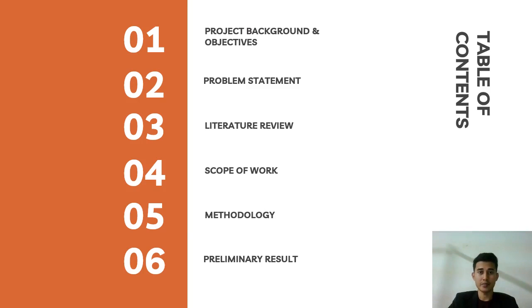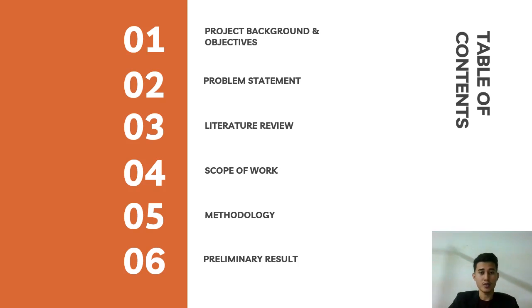So this is my table of contents, as referred to earlier from the draft proposal submitted to my supervisor. We started off with the project background and the objective of this project. The second one is the problem statement. The third one is the literature review, where past research articles such as journals, books, and pre-journals, etc. are covered.